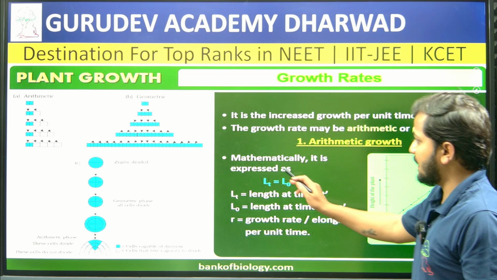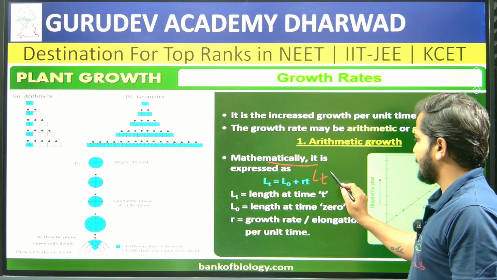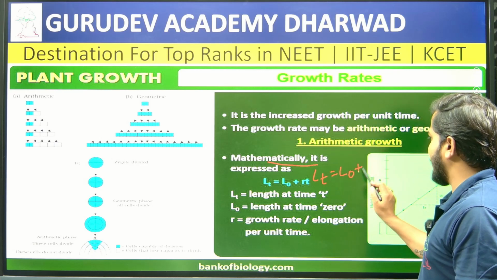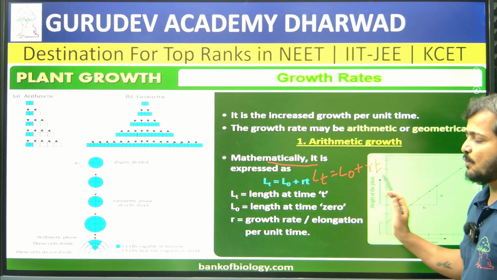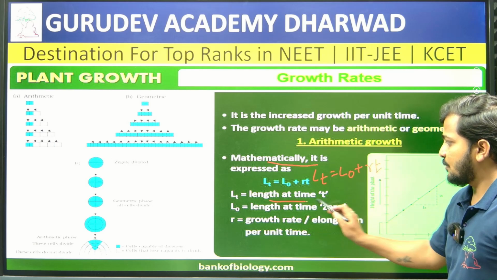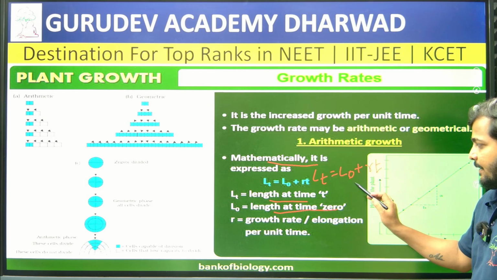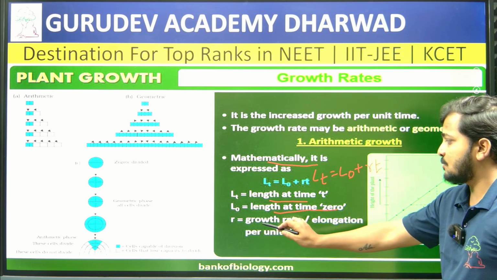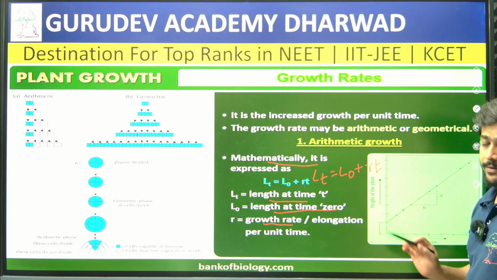Then arithmetic growth can be expressed mathematically as Lt = L0 + rt, right? So Lt is the length at time t that we are going to calculate, L0 is the length at zero time, plus r, the growth rate, elongation per unit time.